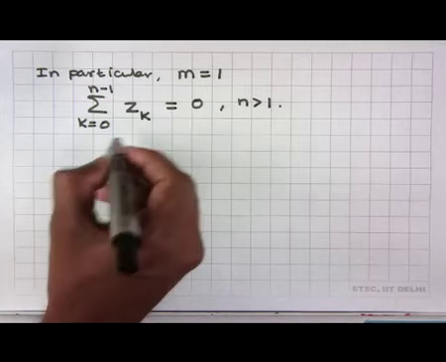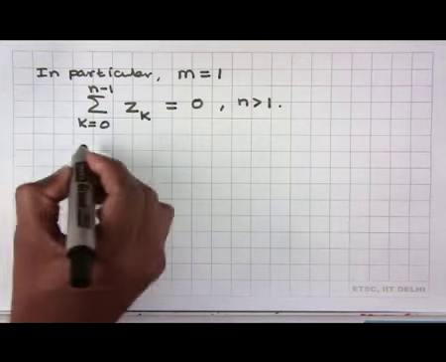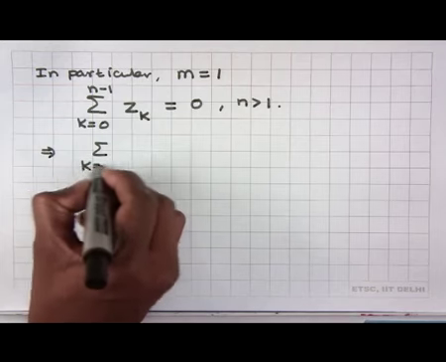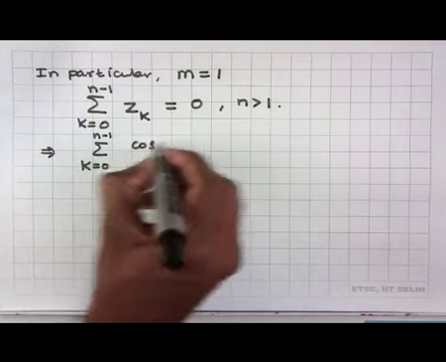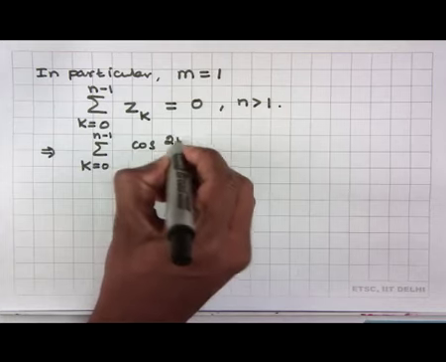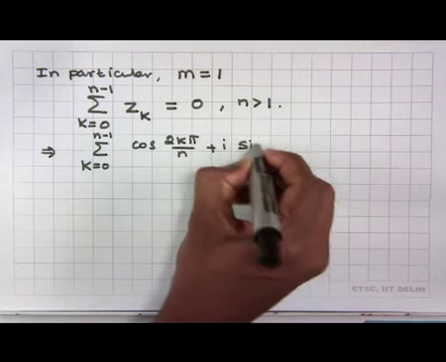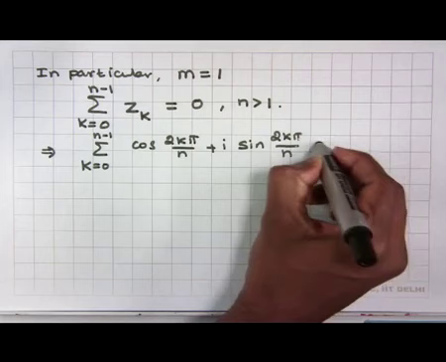So, now write down what is this z_k. z_k is nothing but cos 2k pi by n plus i sin 2k pi by n, and the sum is equal to 0.